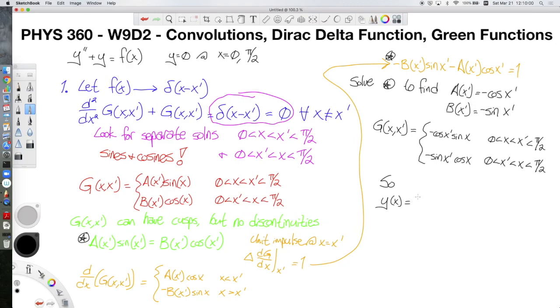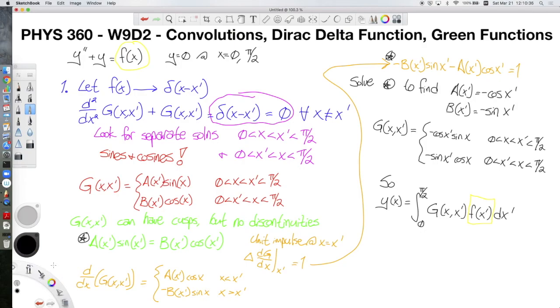The integral over all of the space we care about, 0 to pi over 2, of our function g of x and x prime, let me make that a little nicer, times our original function f of x, but in terms of x prime, dx prime. This f of x prime is this function here, f of x, just with x primes plugged in instead.